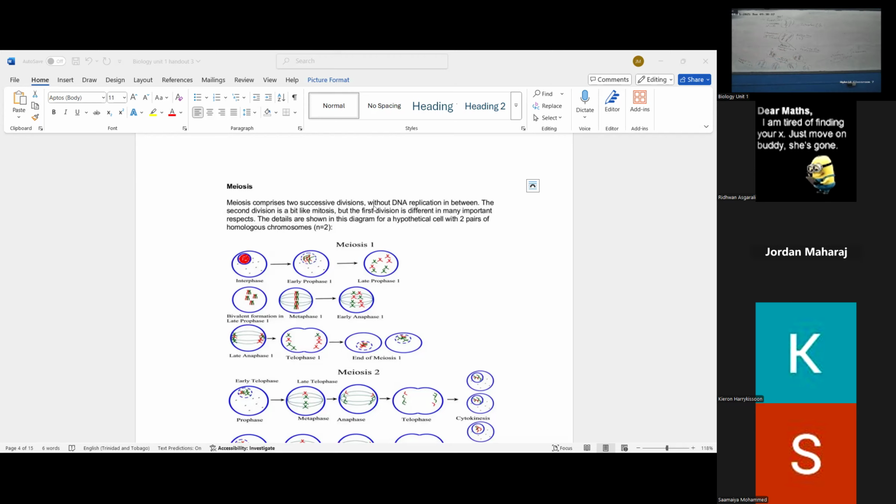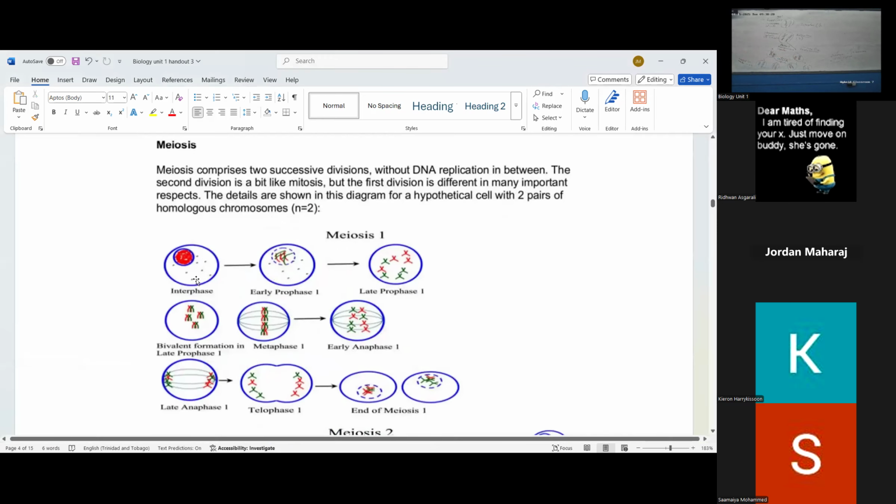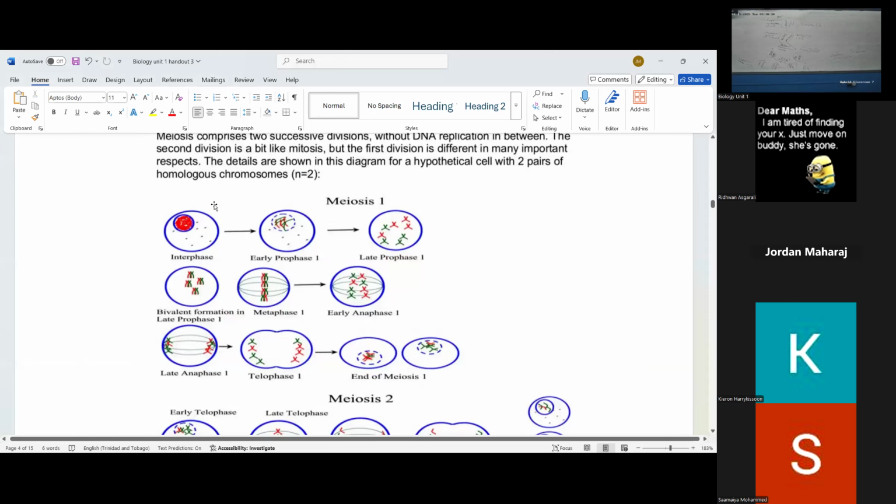Right, so again, you start off with interphase. In interphase, we have our nucleolus, the nuclear membrane, and the DNA is not visible. The chromosomes are not visible as yet.